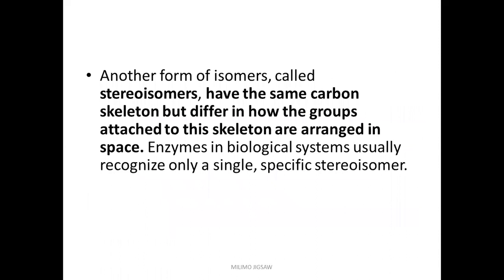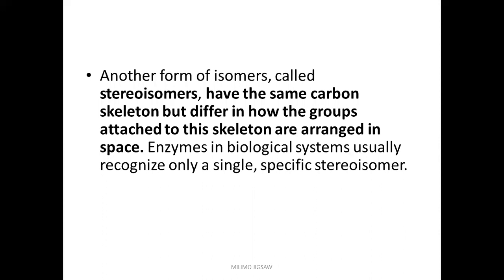Then we have another form of isomerism, what we call stereoisomerism. Under stereoisomers, they have the same carbon skeleton, but differ in how the groups attached to this skeleton are arranged in space.